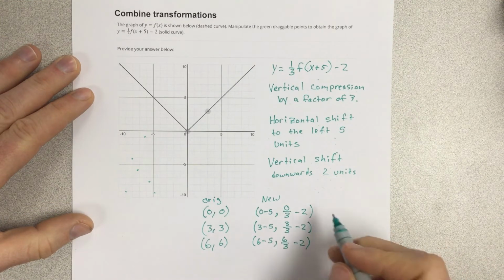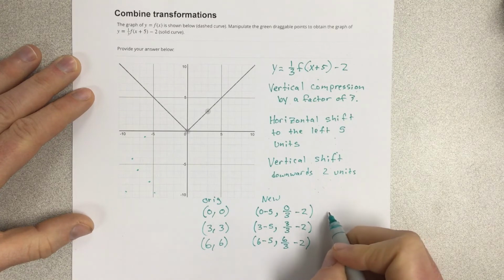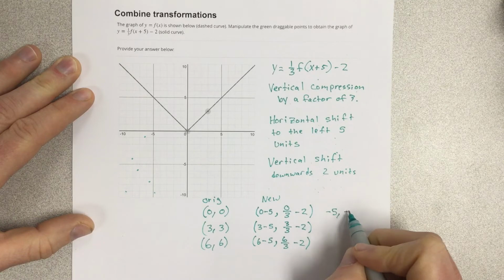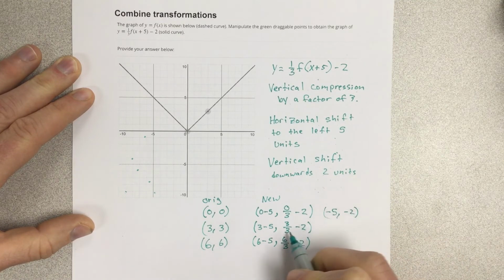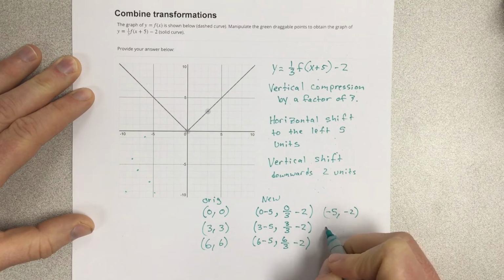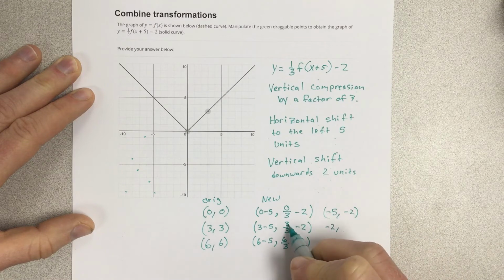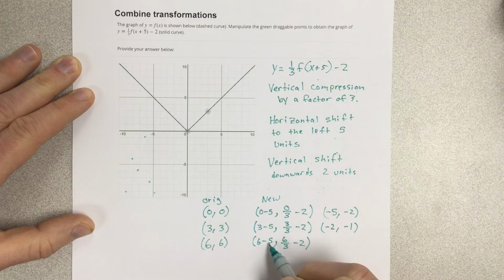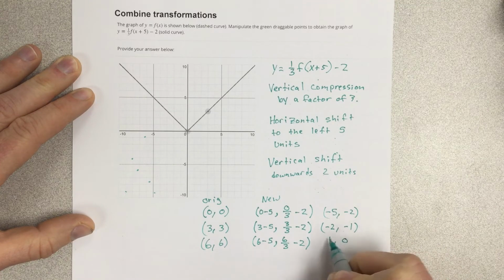So I get -5, comma, this would be -2. I get -2, comma, this is 1 minus 2, so that's -1. And then 1, comma, this would be 2 minus 2, which is 0.